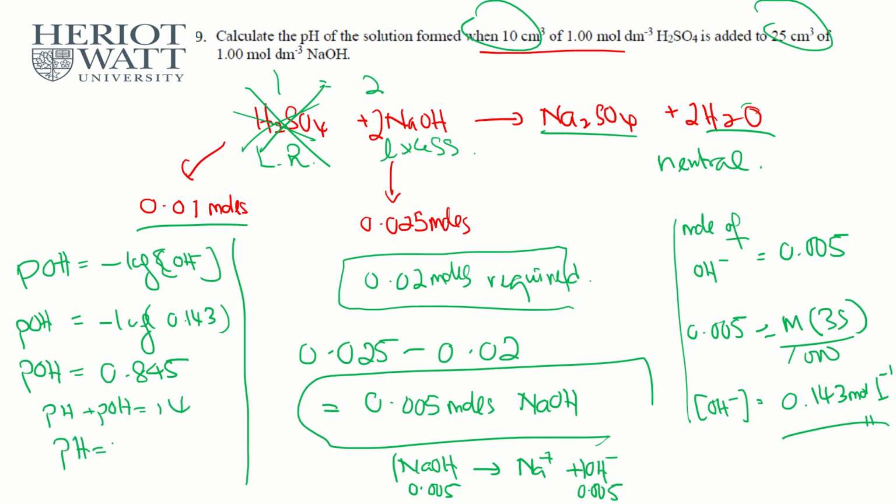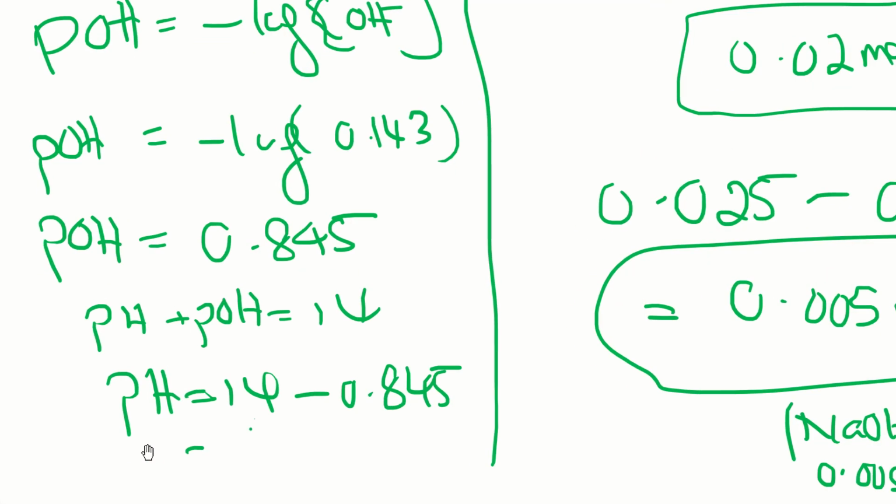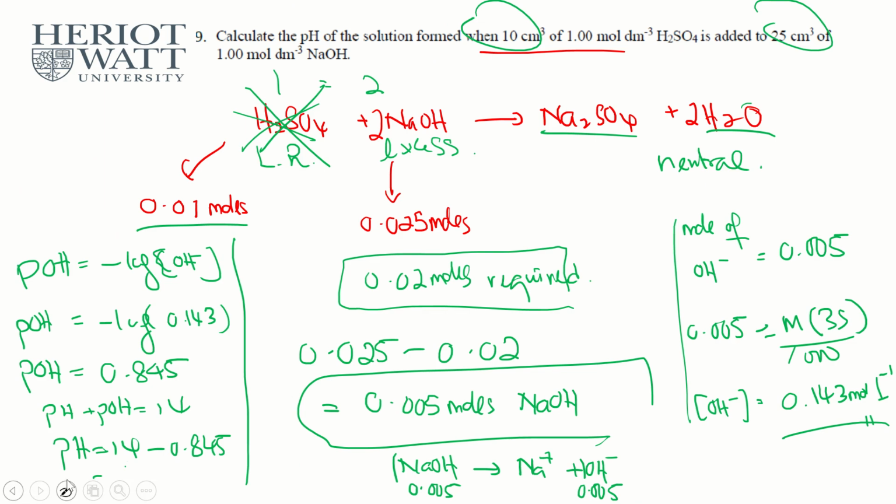So pH equals 14 minus 0.845. You will get 13.2.